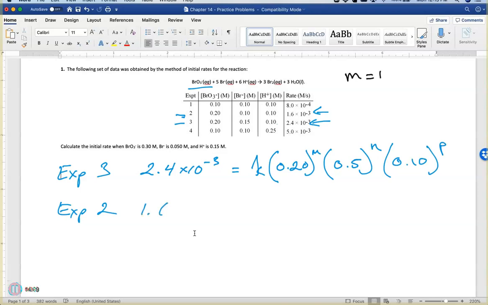My rate is 1.6 times 10 to the negative third. My k is constant because I'm describing the same reaction at the same temperature. My concentration for my first reactant. My second reactant. Oh, did I mess this one up? That should be 0.15.